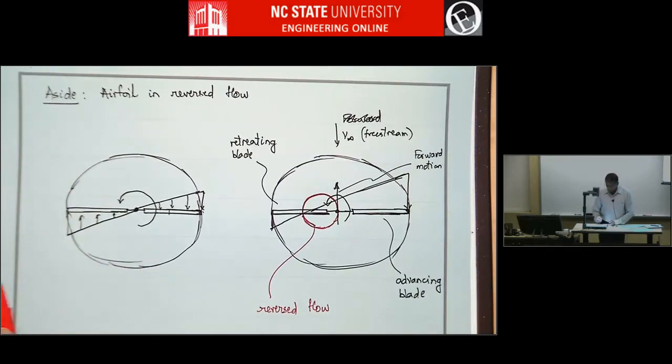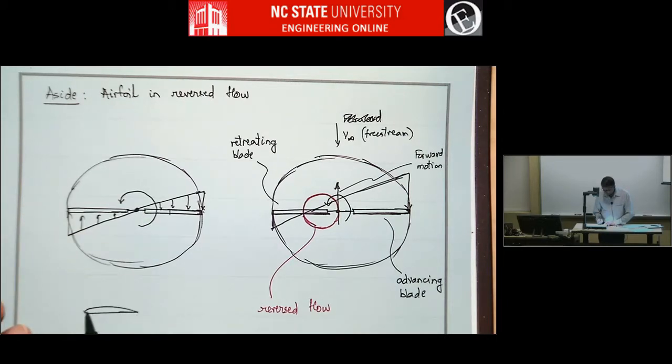So, in all these forward flow places, the relative airflow is actually going to come from this direction. This is forward flow.